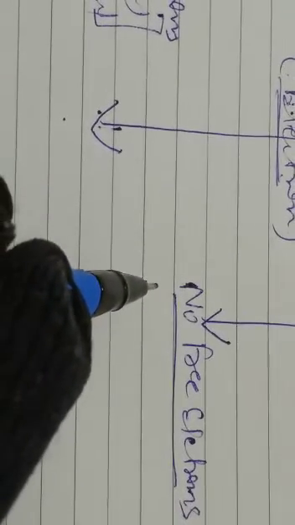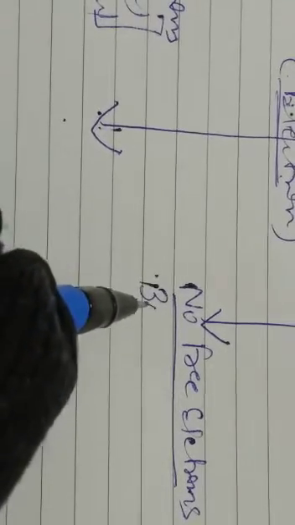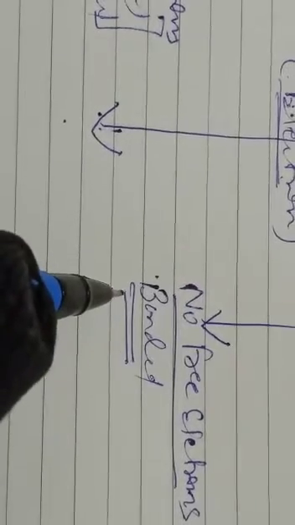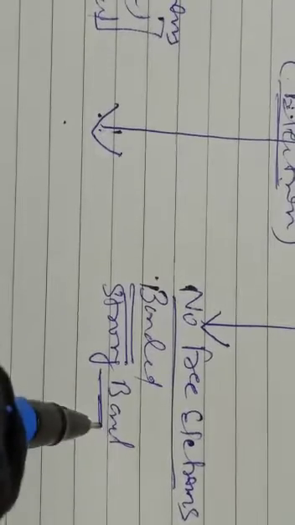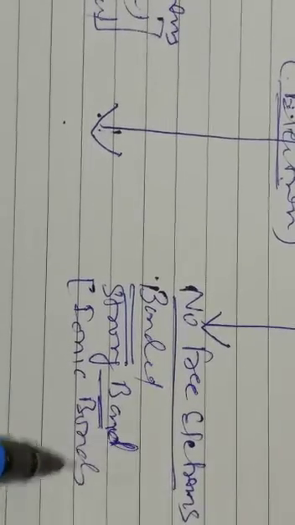And in an insulator, no free electron means all outermost electrons are bonded. That means a strong bond, which cannot be broken. Generally these are ionic bonds. In a conductor, these are metallic bonds.